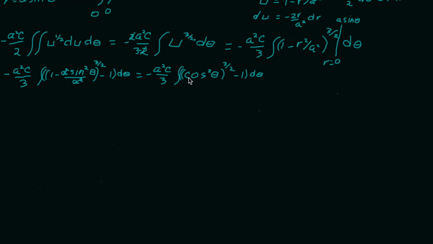But wait a minute, we got the limits of integration here, remember, from 0 to pi. And the cosine of pi is going to be a negative number, so we can't take the square and the square root of this negative number.